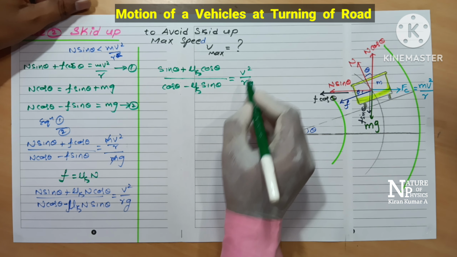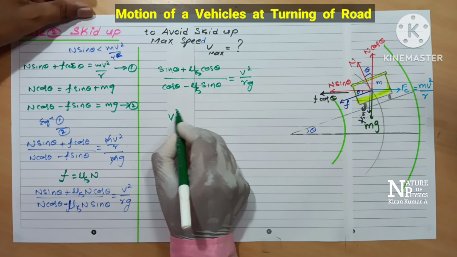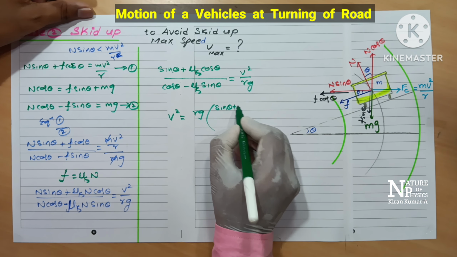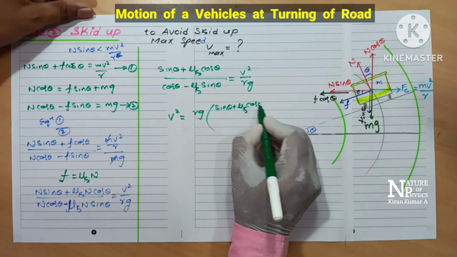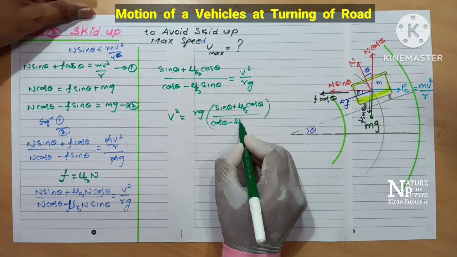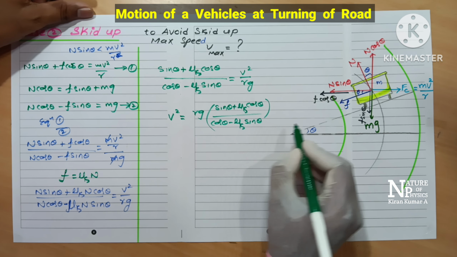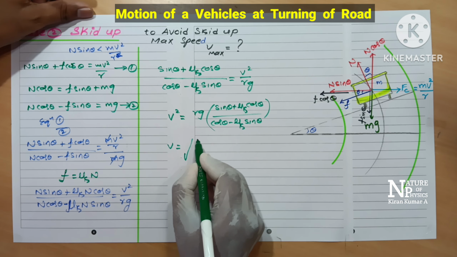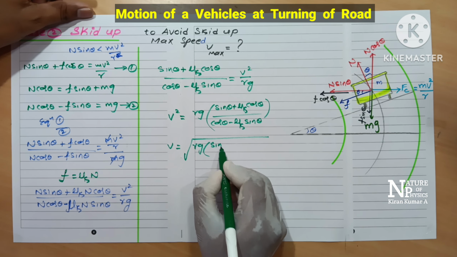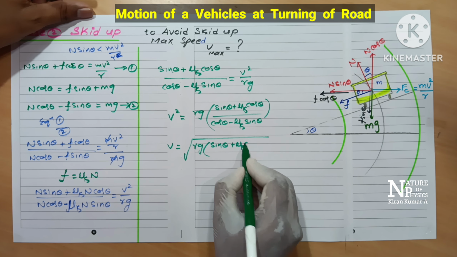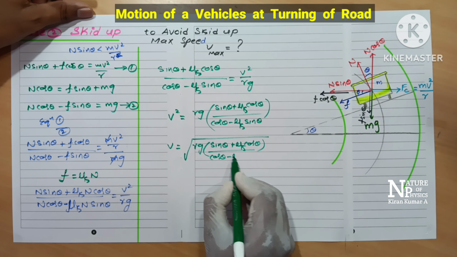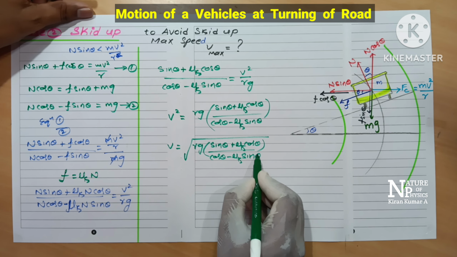And the next step, I am going to write the v square value: v square is equal to rg into (sin theta plus mu k cos theta) divided by (cos theta minus mu k sin theta), so v is equal to root over r g (sin theta plus mu k cos theta) divided by (cos theta minus mu k sin theta).